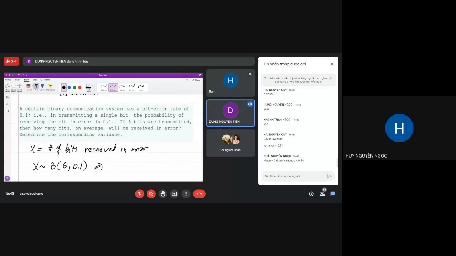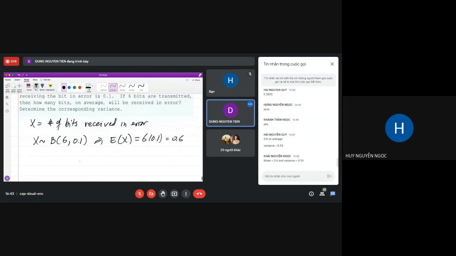And then you want to find the mean value, the average value. That is n times p, so you get 6 times 0.1, and you get 0.6. For the variance of X, you get n times p times q, and that would be 0.54, all right? That is very straightforward.